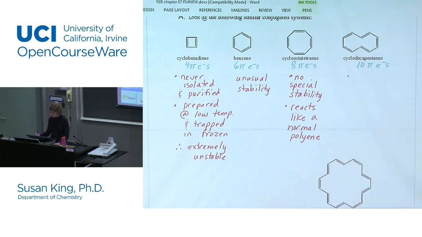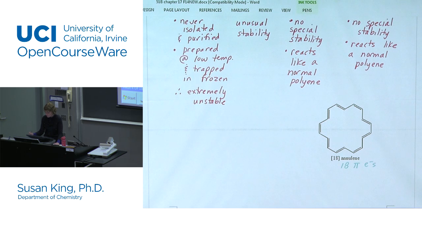Cyclodecapentaene, 10 pi electrons, also no special stability. It reacts like a normal polyene. And what happens is when we finally get up to 18-annulene, we also have unusual stability.